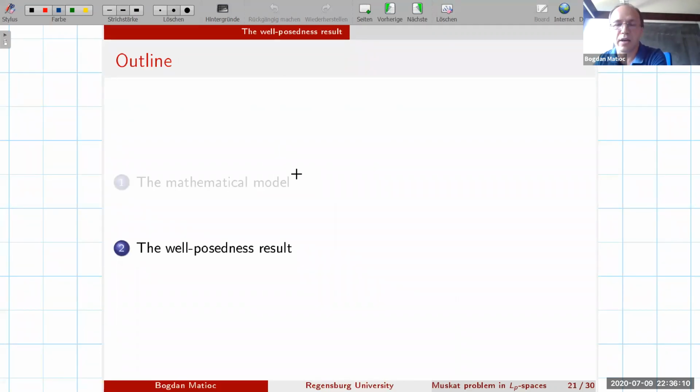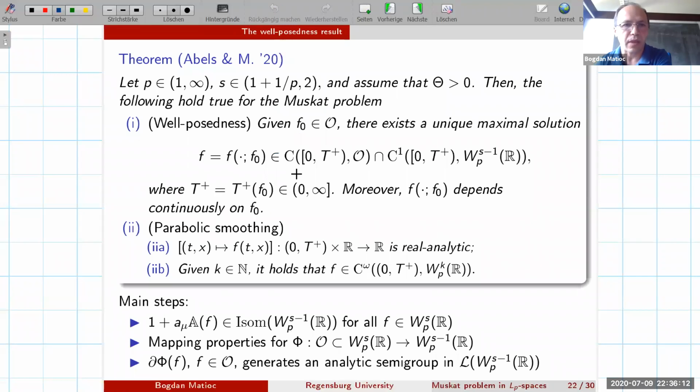And here is a well-posedness result. We fix p strictly larger than 1 and less than infinity, and s larger than the critical exponent. And we assume that theta is positive, so Rayleigh-Taylor holds. Then for each f naught in the set O, the problem has a unique maximal solution.